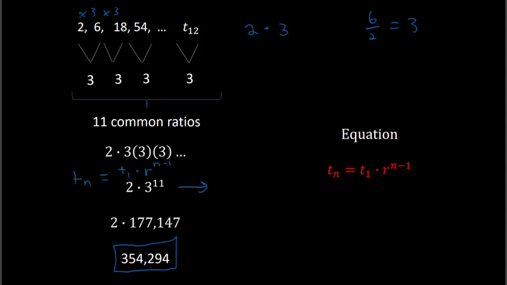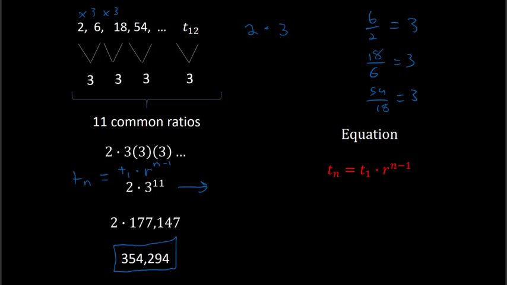If we do that with any two numbers, 18 over 6, for example, that would equal 3. 54 over 18, that would equal 3 as well. This ratio, this fraction, is the same no matter what. So when you determine the common ratio, you can find that by taking a number and dividing by the one before it.